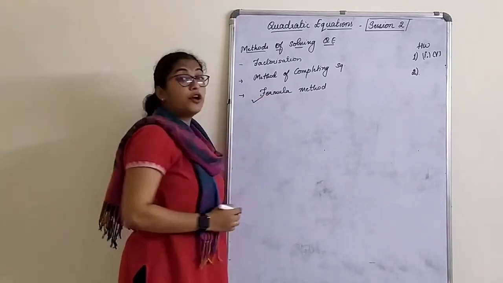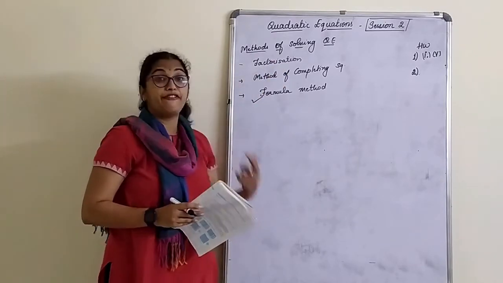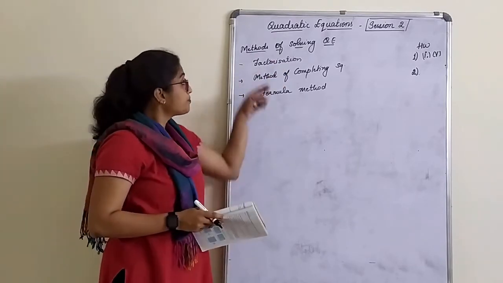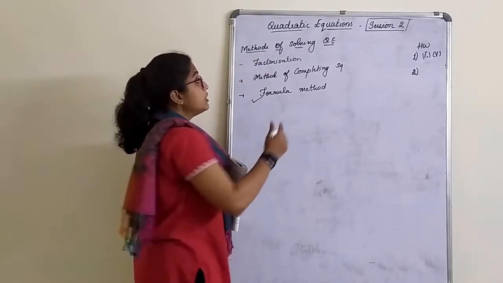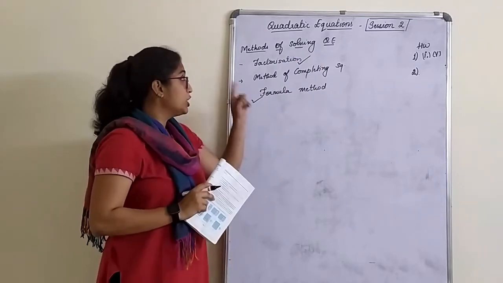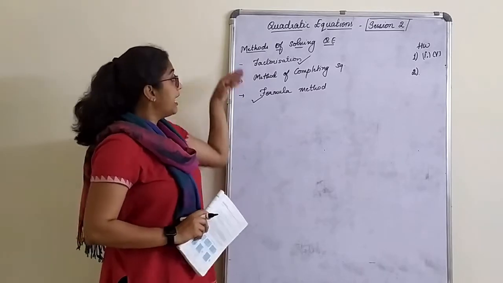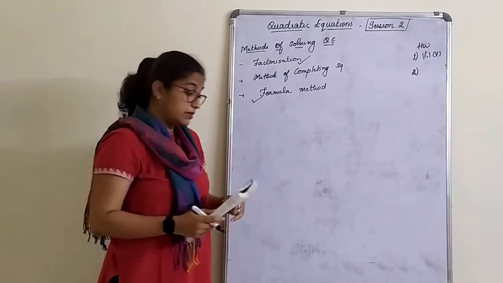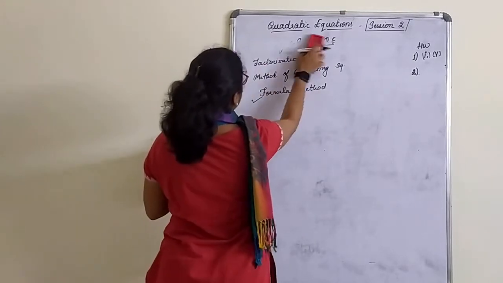We use formula method for certain sums where we cannot apply factorization. We will deal with these three methods in detail. In today's class, we will first start with factorization. You can give the heading methods of solving quadratic equation, and write down these three methods. Now quickly we'll start with the exercise.